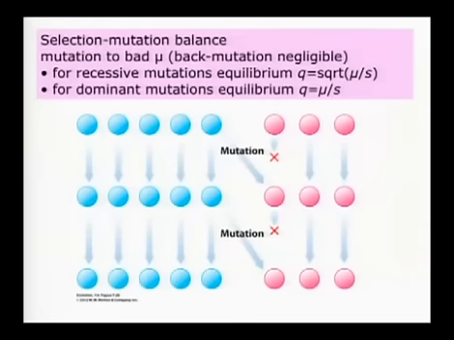Okay, so let's now make it interesting by adding both selection and mutation. And what happens is you get a selection-mutation balance. So let's imagine that the mutations we're talking about are loss-of-function mutations. You probably all know that we have thousands of genes in our body, and those genes make proteins, and the proteins do various things.